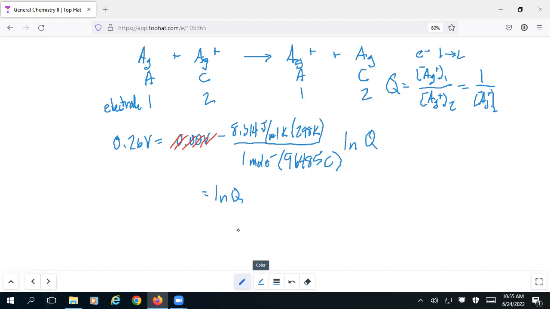So 0.26 multiplied by 1, multiplied by 96,485, divided by negative 8.314, divided by 298.